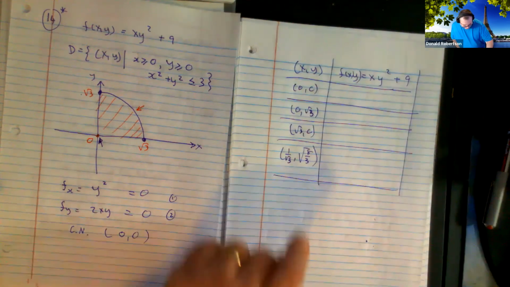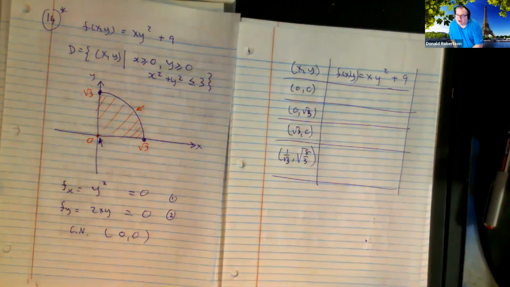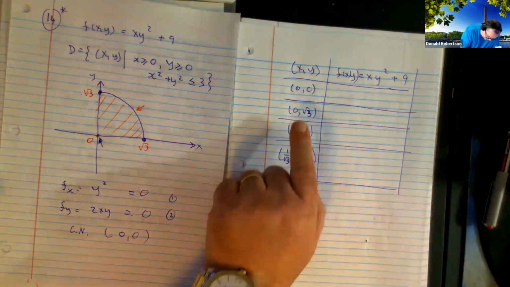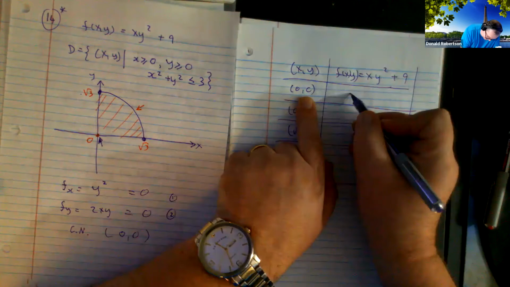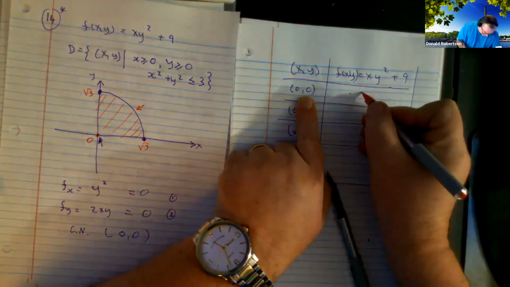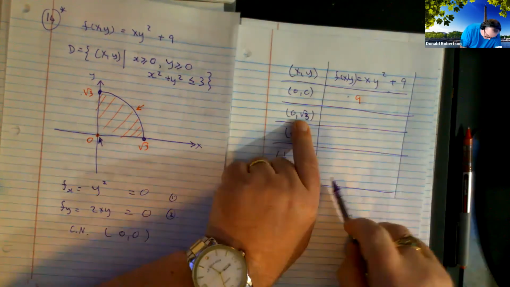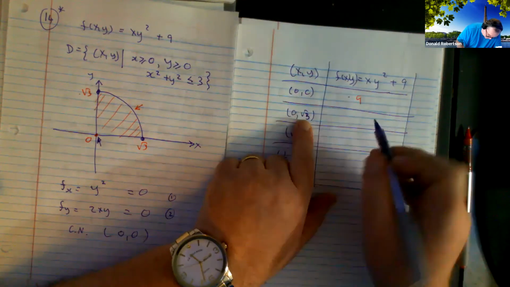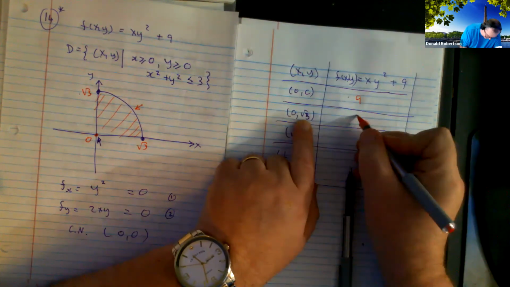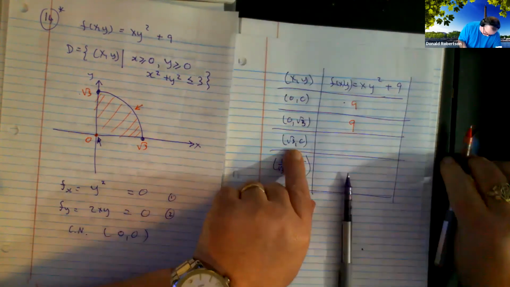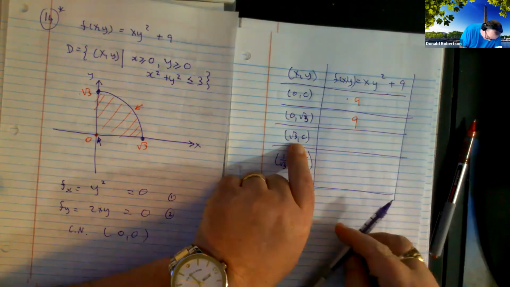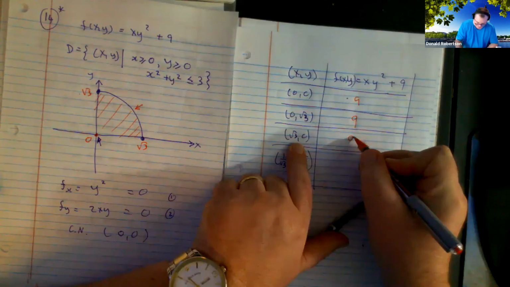So there are 4 possible places for the absolute max and the absolute min to live, right? So 0, 0 gets me 9. That's pretty big. 0, root 3, what will that get me? That'll get me 0 times that, which doesn't really matter, because it's going to get me 9. Root 3, 0 really doesn't matter because it's going to get me 9.